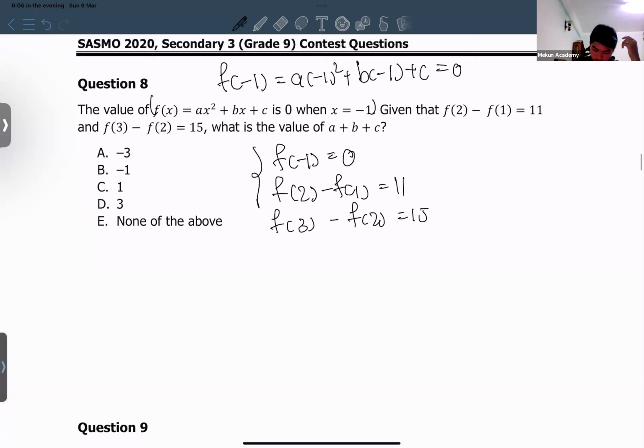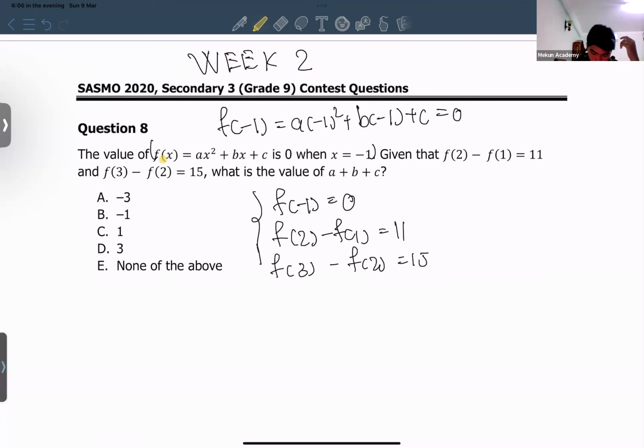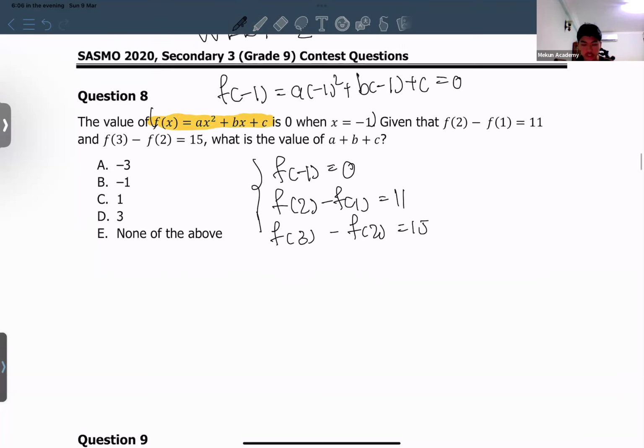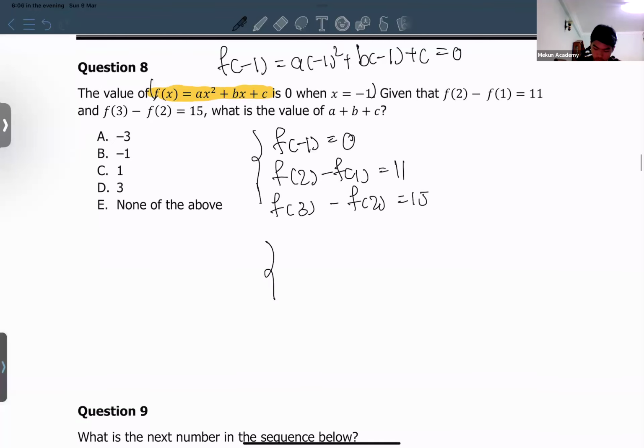So from here, they also told you that f(x) is ax squared plus bx plus c. So we can just substitute x in the equation. For the first one you'll get a minus b plus c equals 0. For the second one, you need to plug in 2 and 1 at the x. So you'll get 4a plus 2b plus c minus (a plus b plus c) equals 11.